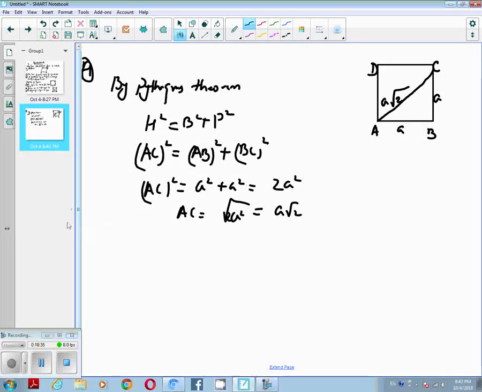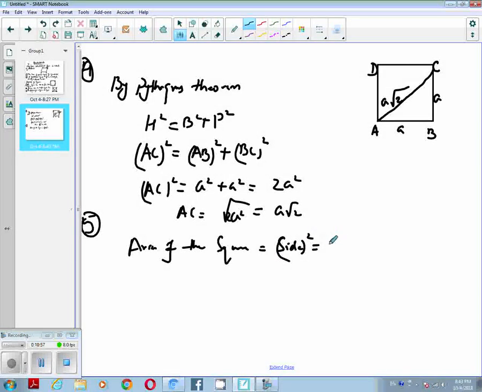Now, what about the area of a square? Fifth property, area of the square is equal to side square, and that is equal to a square, right? Then sixth, perimeter.